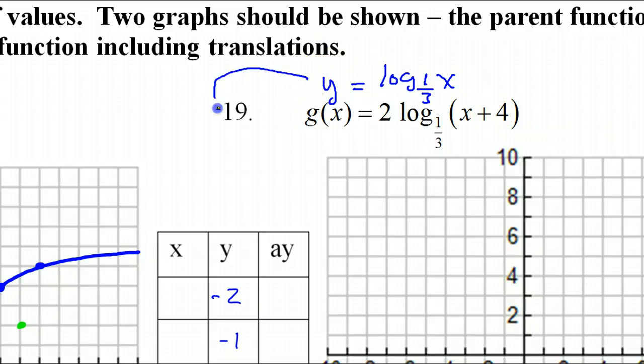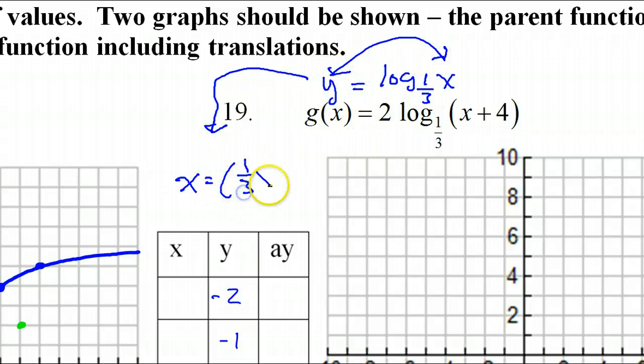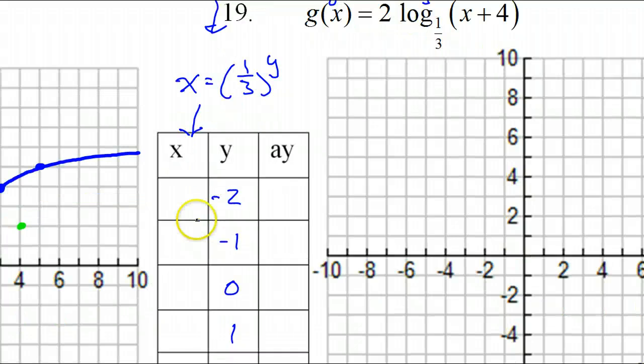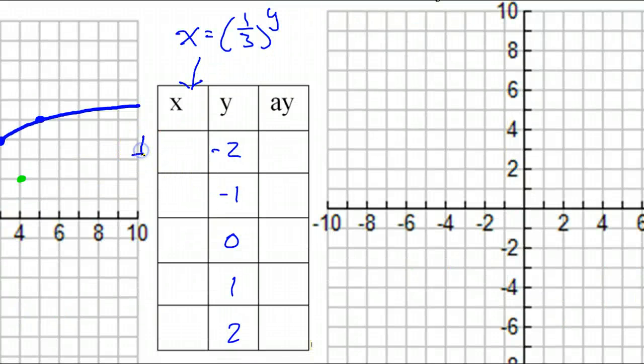To get these x values, rewrite this in exponent form. So that means x will equal, because I'm switching sides of the x and the y, bring down your base, so 1/3 to the y power. So that's going to get these x's for me. All I have to do is 1/3 to all of the y powers.